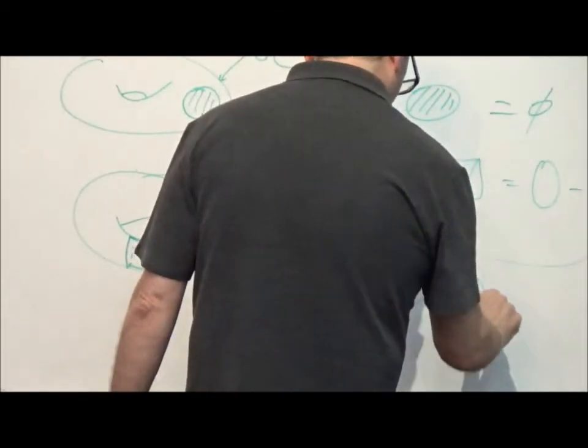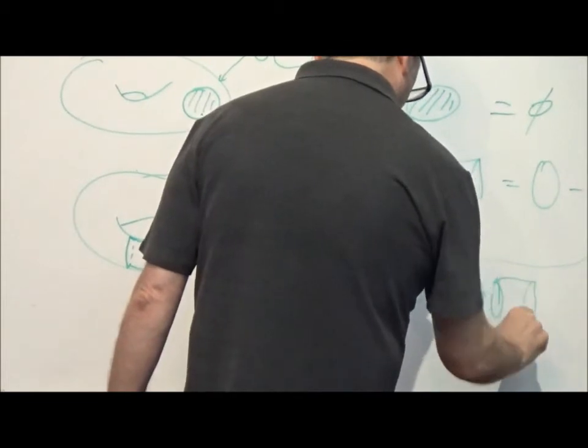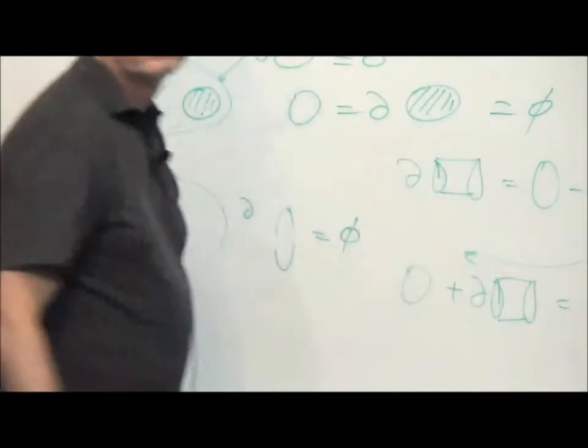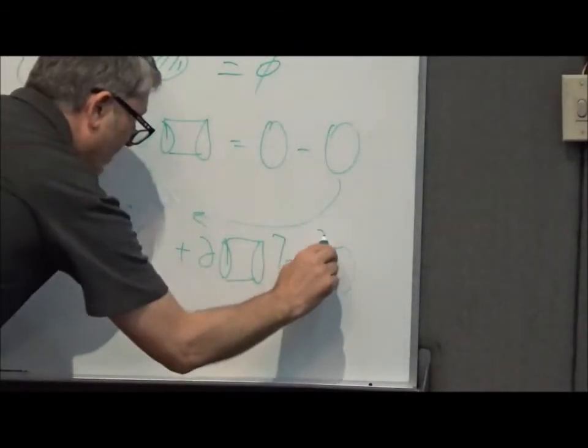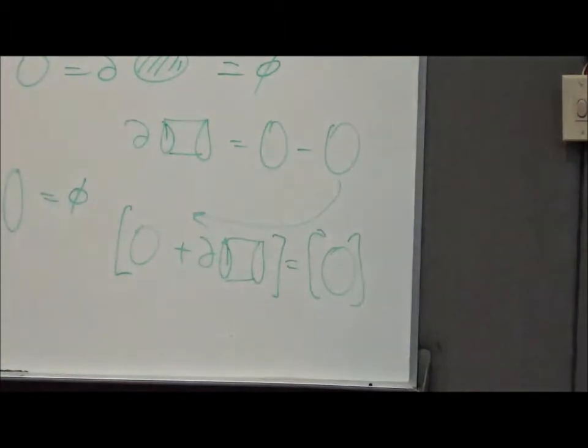Take this guy to the other side, and you get that. And so, as far as the equivalence relation is concerned, these are actually the same thing. Right? So it doesn't matter which circle I draw around here, they're all the same circle as far as the homology is concerned. Okay?